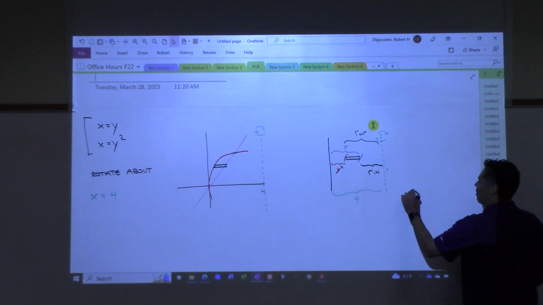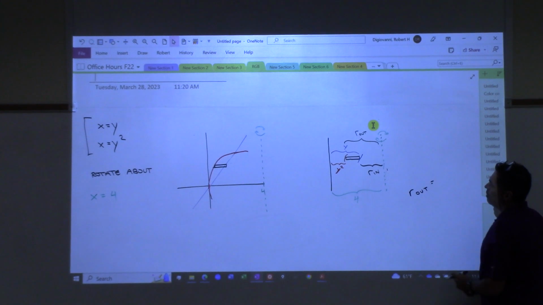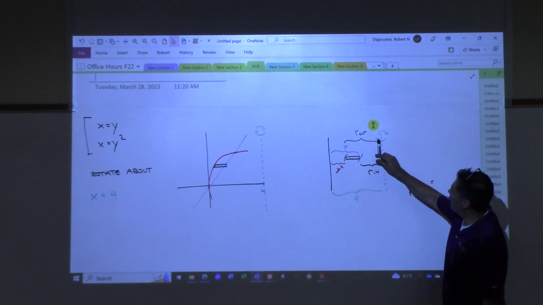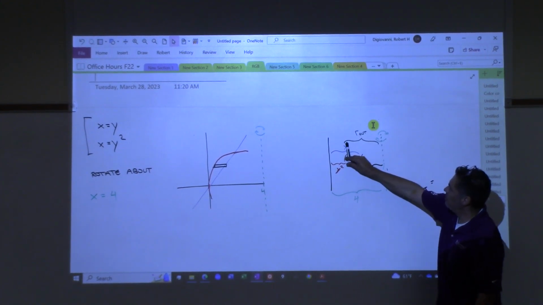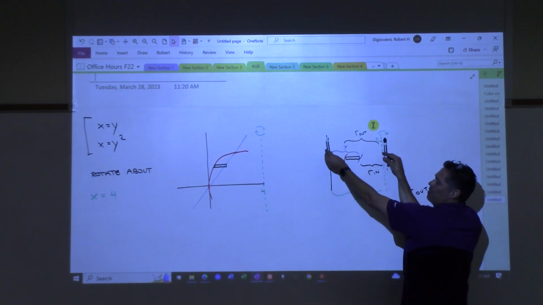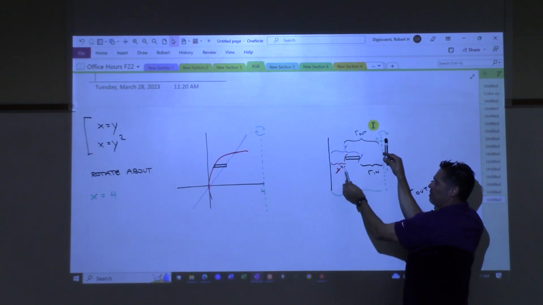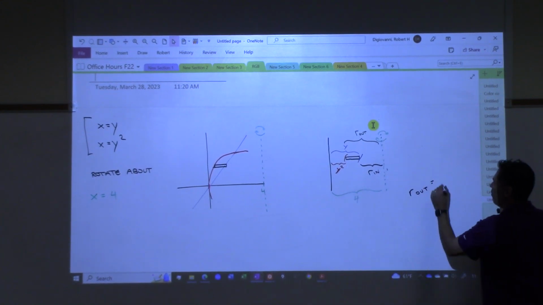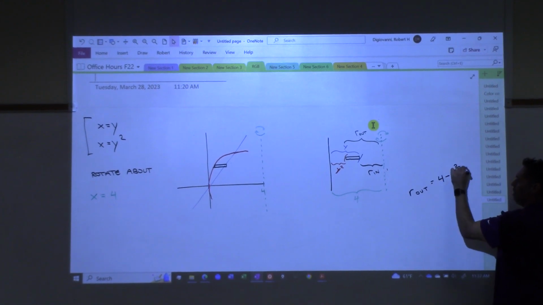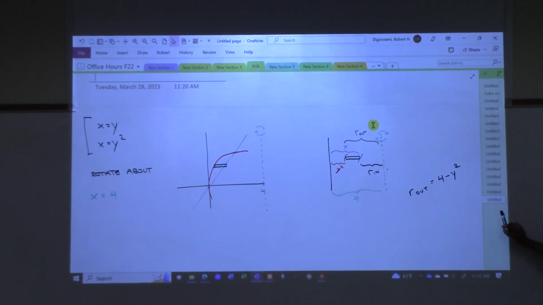Let's do R out first. I've got to get from here to here, right? From here all the way to here is 4. I don't want that much, right? I want to take what away from 4? This much, which is the y squared. So the R out would be 4 take away y squared. Not y squared take away 4, 4 take away y squared.